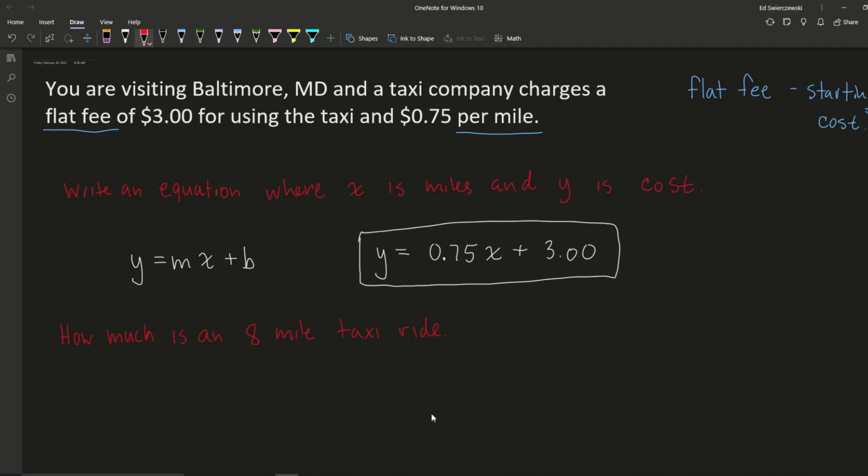The question is, should I plug this 8 in for x, which is miles, or y, which is cost? If you said miles, you are right. It's almost obvious, right? Because it says 8 miles.